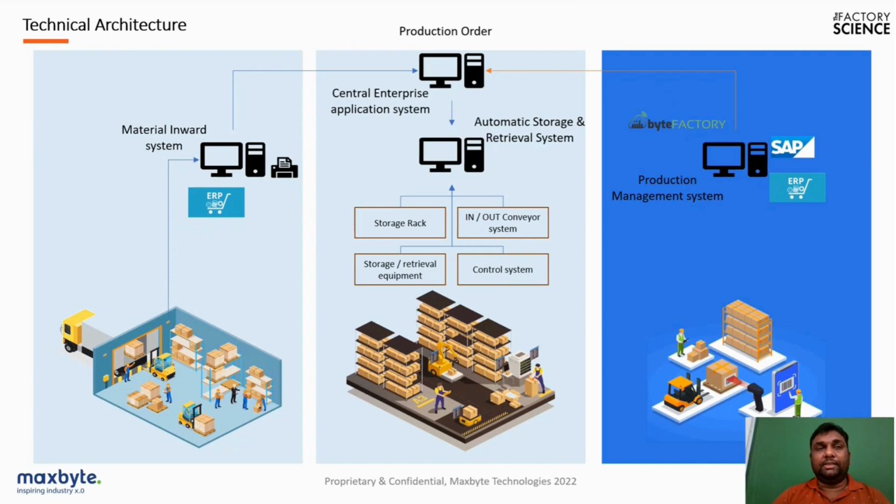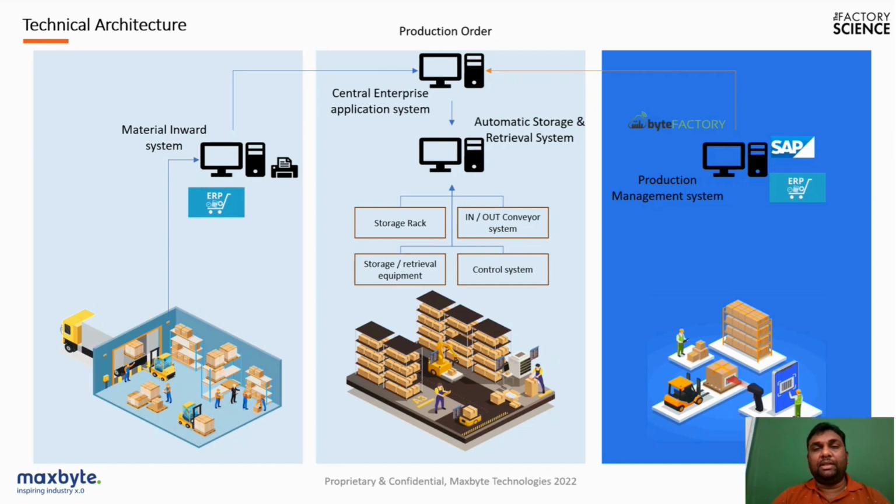And this is a typical architecture of what a warehouse model or ASR system will look like. The material inward will be there. Once the material is coming, it will be entered into the ERP system. Once the ERP system is there, it will go into the RS production central server system. From there, we will have multiple elements to access, like storage rack, conveyor system, and the storage retrieval equipment to give the commands, and also a control system to control the storage retrieval equipment.